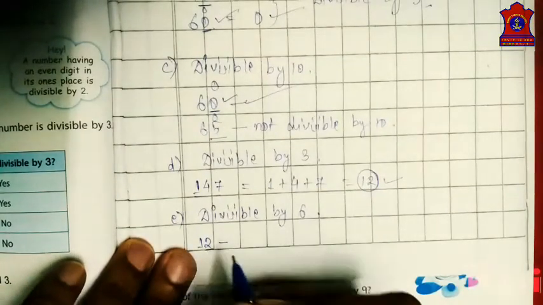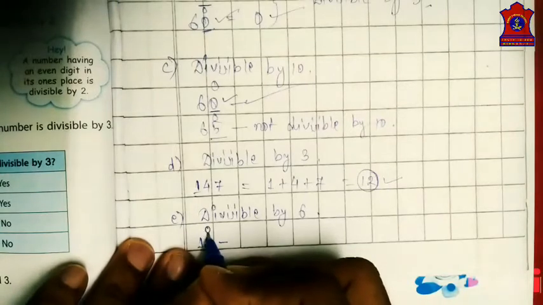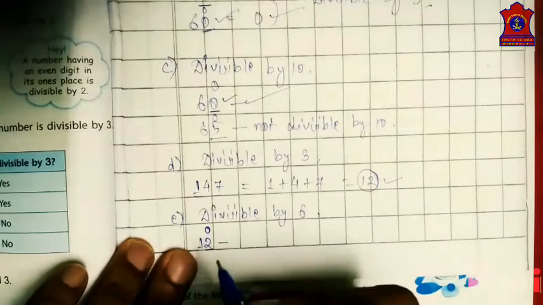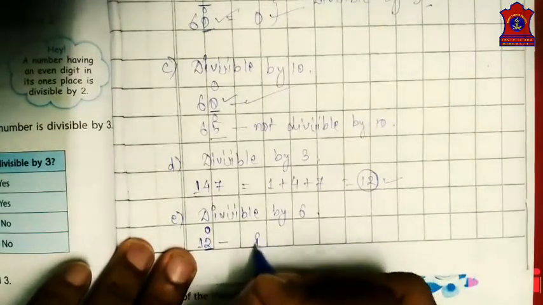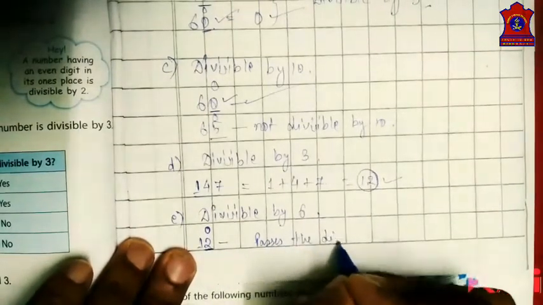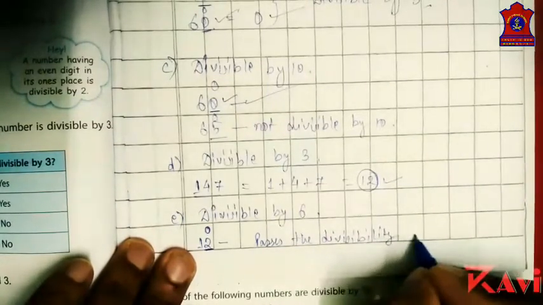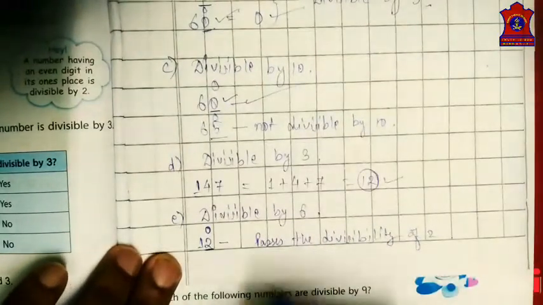To check the divisibility of 2, what you need to check? You need to check if a number has an even number at its ones place. So here 2 is an even number, so it passes the divisibility of 2. Now we need to check whether it is passing the divisibility of 3 also.